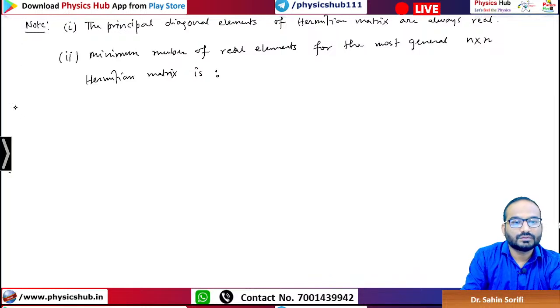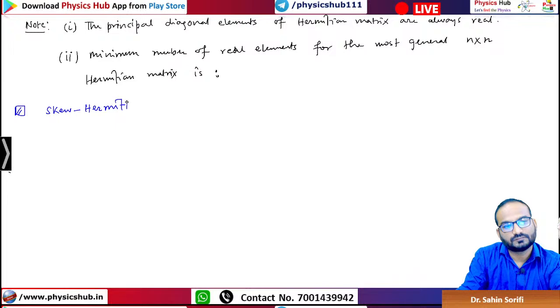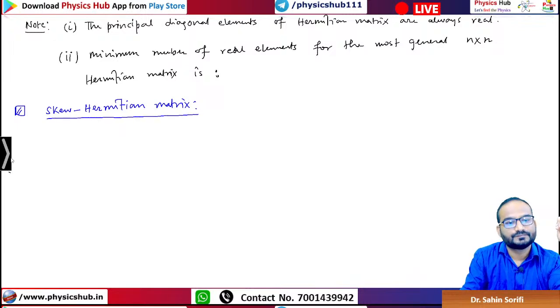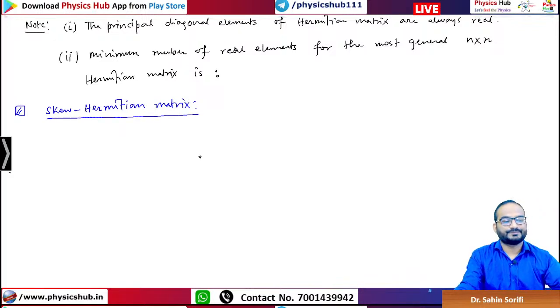Let's now talk about the skew Hermitian matrix. A skew Hermitian matrix is equivalent to the skew symmetric matrix.